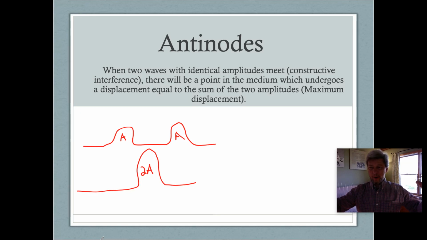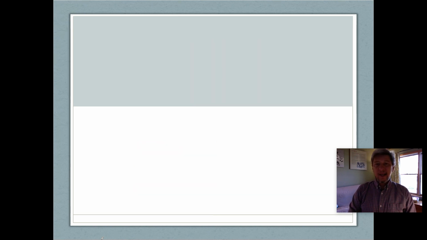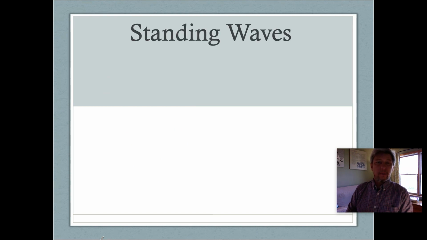In other words, a wave where I'm generating one wave after the other. You're generating one wave after the other, and they're reflecting back and forth, and interference is occurring all the time. Well, if that's the case, then you form what's called a standing wave.